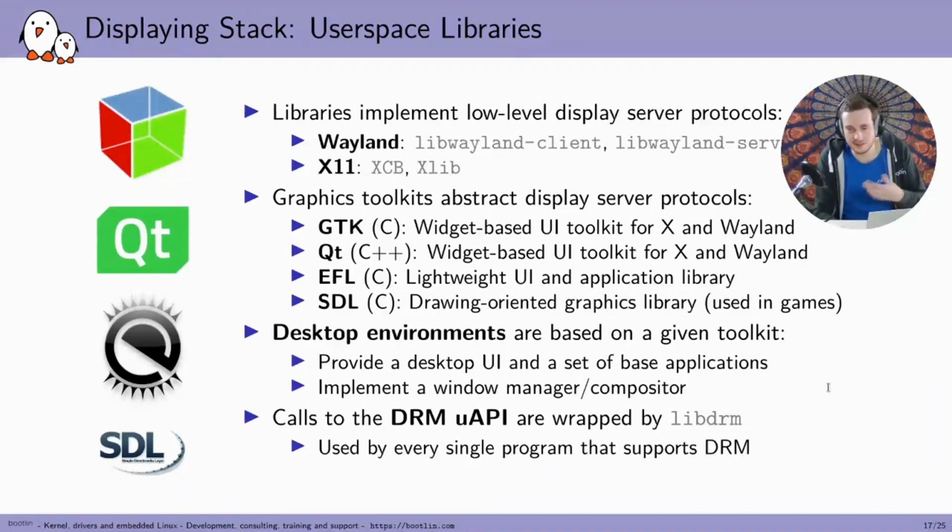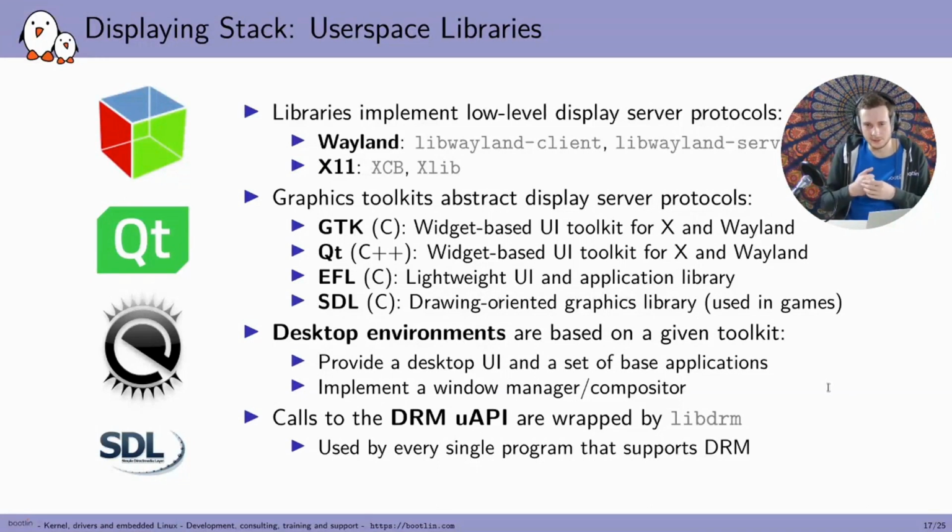But the idea is that these will basically wrap these low-level libraries into higher-level interfaces that are easier to use and that also provide extra features like drawing user interfaces.